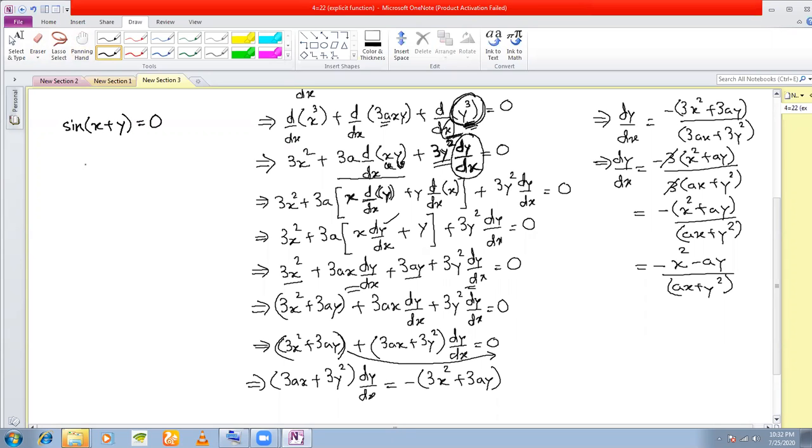If I want to differentiate this, how will I differentiate? d/dx of sine (x plus y) must be equal to d/dx of 0.